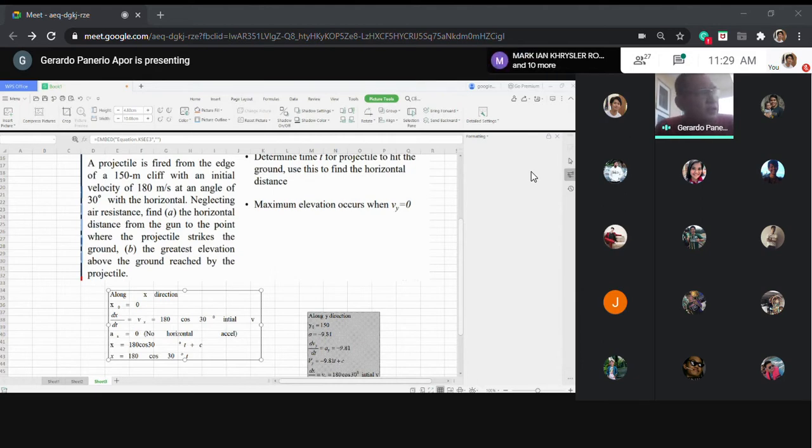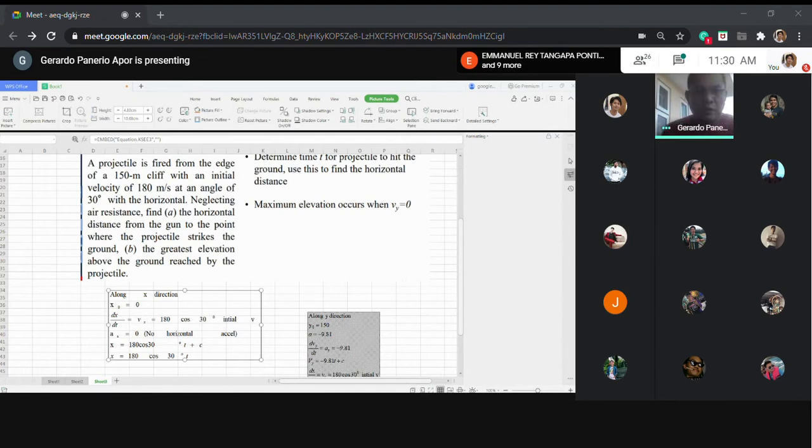Sine of 30 degrees is 0.5. So we can say that the initial velocity v0y is equal to positive 90, which is 180 sine of 30 degrees.